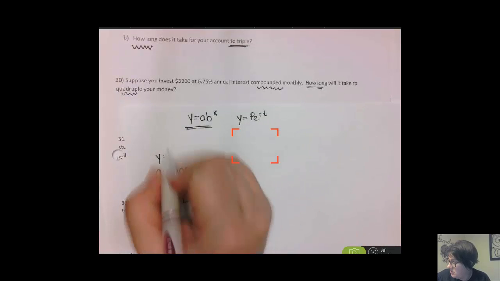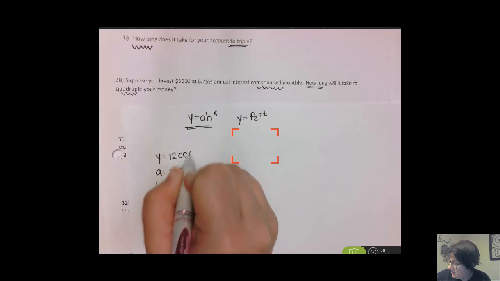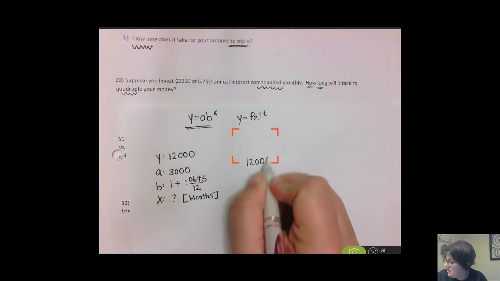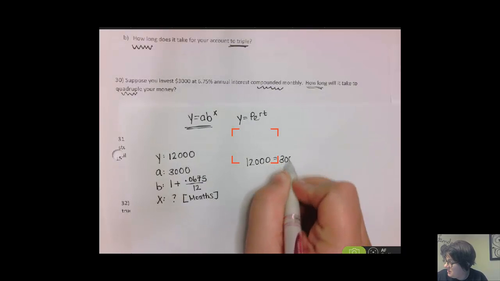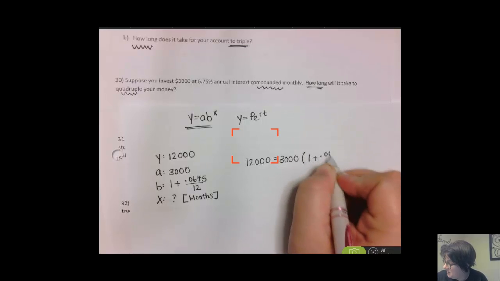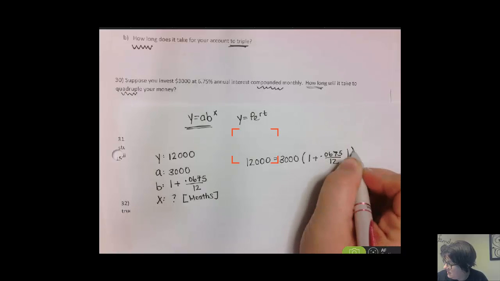So quadruple 3,000 is going to be 12,000. So 12,000 equals 3,000 times 1 plus 0.0675 divided by 12 to the x.